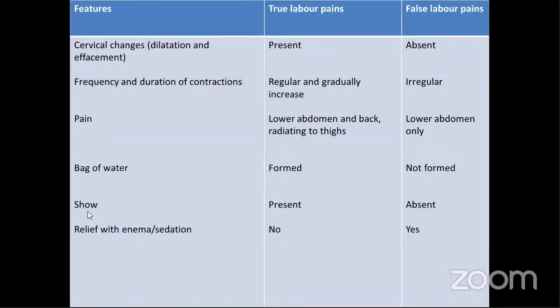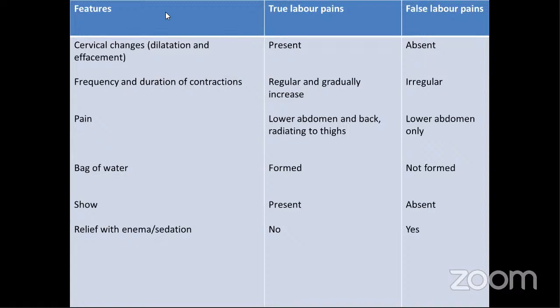So it will be a blood stained mucoid kind of discharge, and sometimes it will be very thick, like a plug of mucoid. That's what is called show. Then how the pain relieves with enema or sedation is another criterion to diagnose whether the patient is having a true labor pain or a false labor pain.